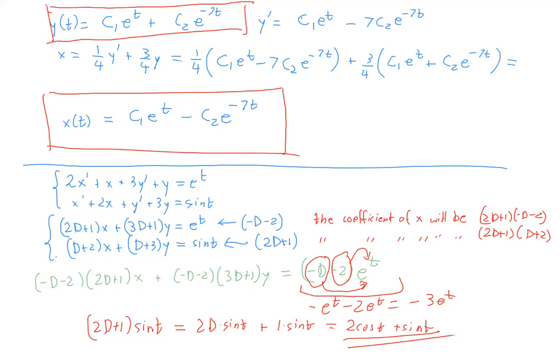Let's take our attendance. I want you to tell me what is D times cosine of 3t. Okay, that's for the attendance.